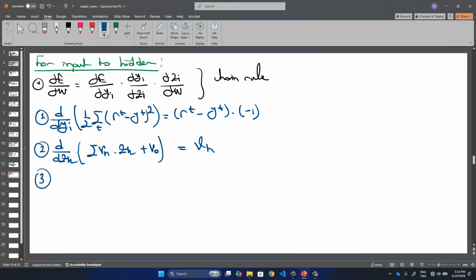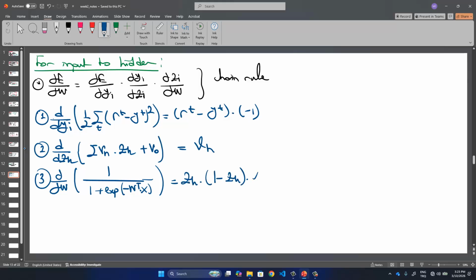And in the third term, the partial derivative with respect to w, of 1 divided by 1 plus exponential term of w^T x. And so, this is equal to z_h times (1 minus z_h) times x_j. This is a special derivation for the sigmoid function. Okay? In the last form, we get this representation.